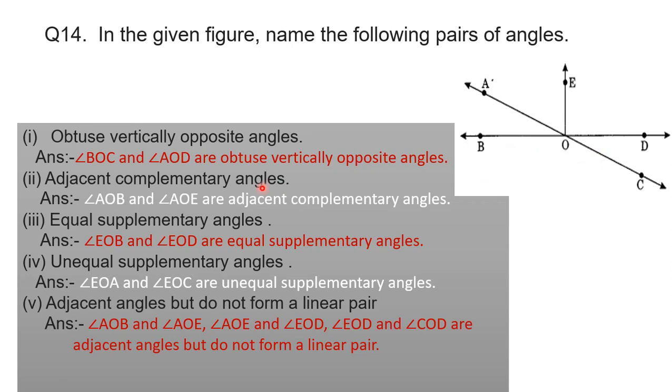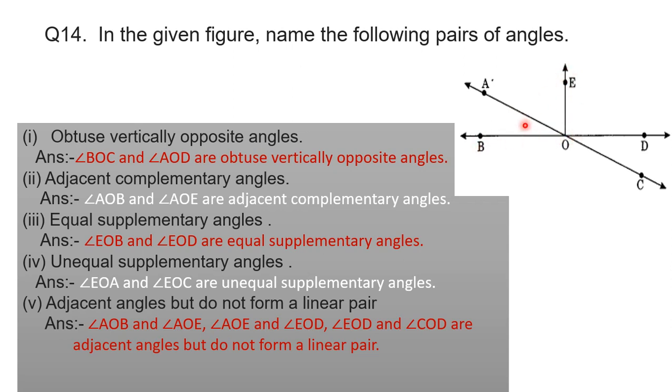Okay. Now second, adjacent and complementary angles. So angle AOB and angle AOE. As we are observing in this figure, angle BOE is a 90 degree angle.